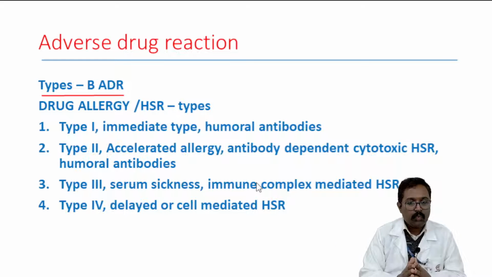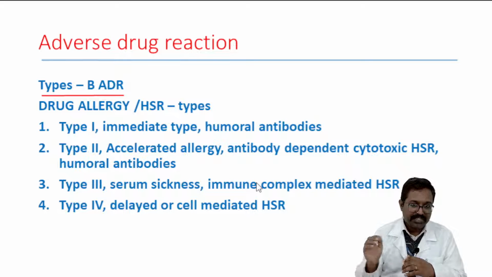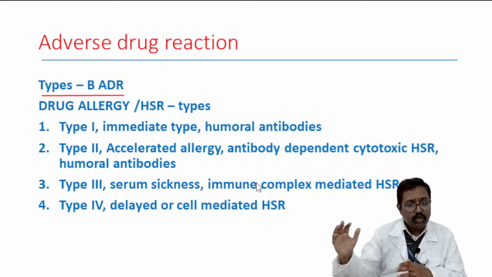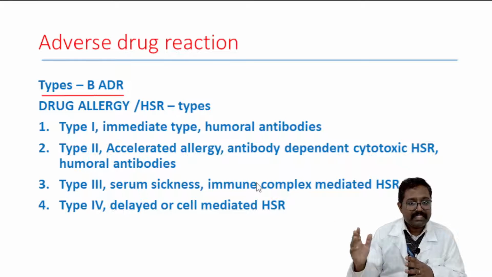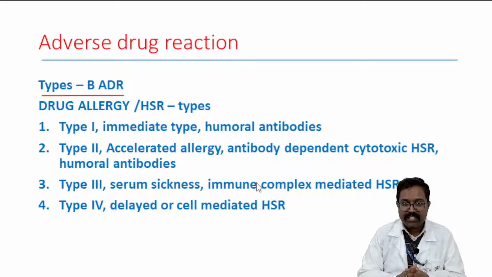Type 2, which is an accelerated allergic response, is an antibody dependent cytotoxic hypersensitivity reaction. Again, it is a humoral antibody mediated reaction. Whereas type 3 is an immune complex mediated reaction, and an example is serum sickness. And type 4 is a delayed type, also called cell mediated hypersensitivity reaction.